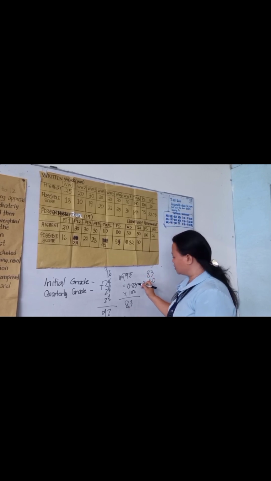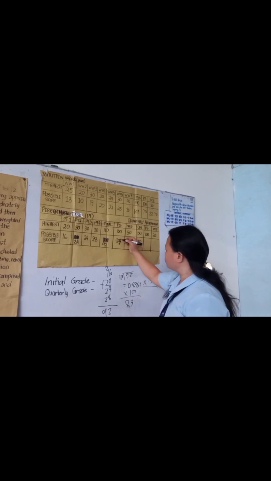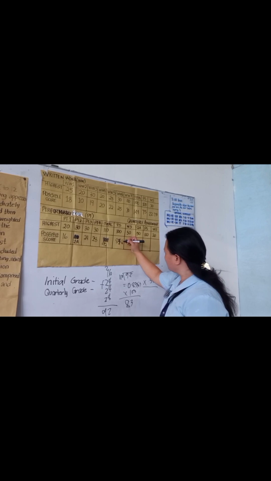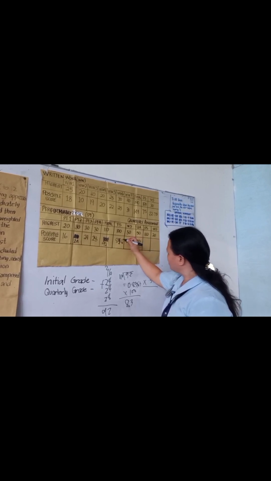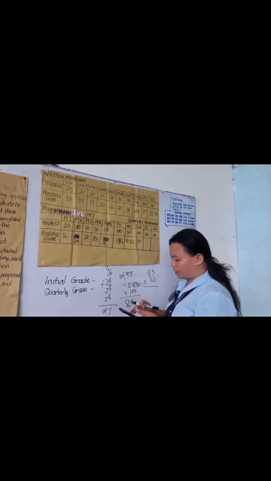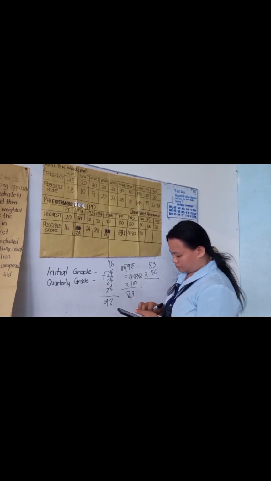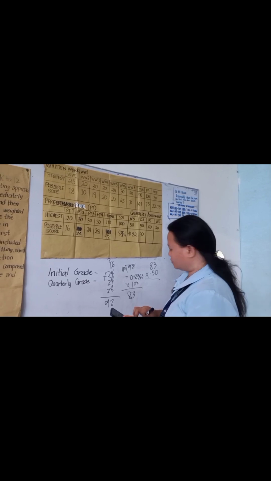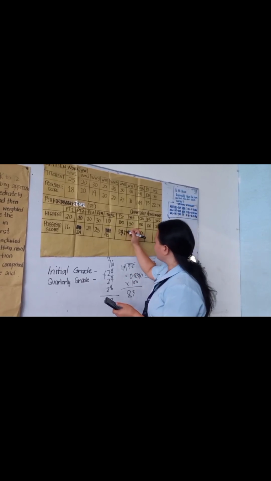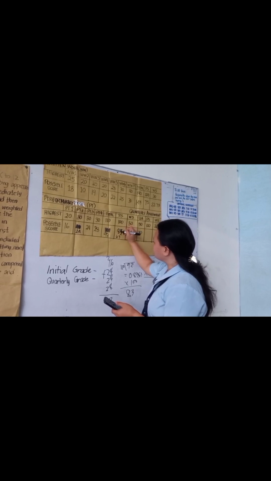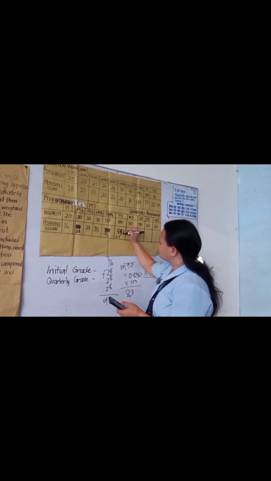It's 0.8363. Then we're going to multiply this one by 100. We're going to have 83.63.